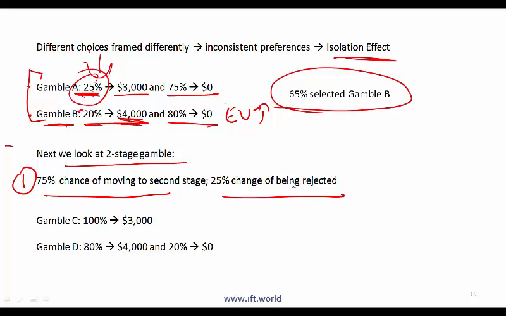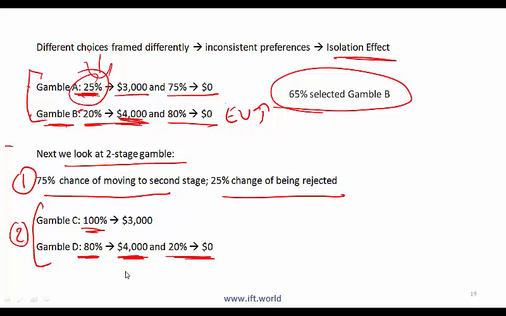Okay, so that's stage 1. And then in stage 2, so that's over here, there is a 100% chance of getting 3,000, and gamble D is an 80% chance of 4,000 and a 20% chance of getting nothing.